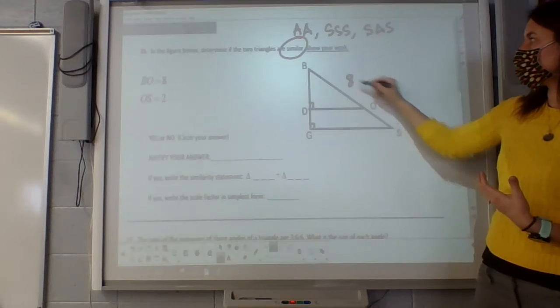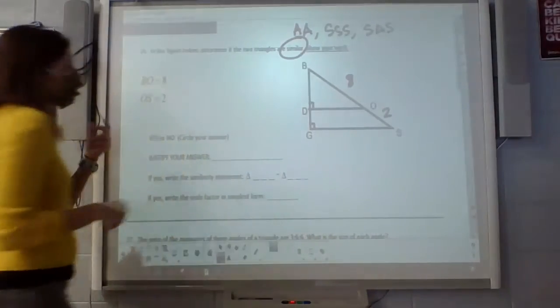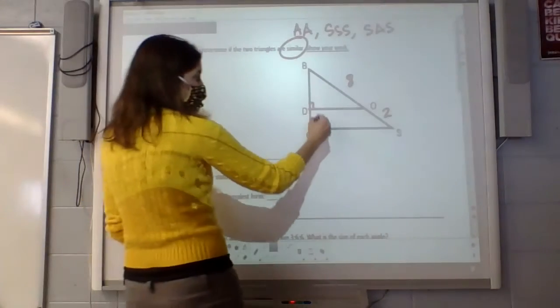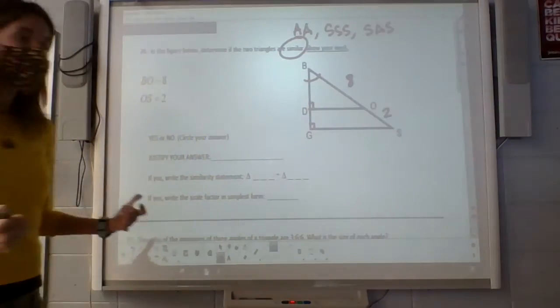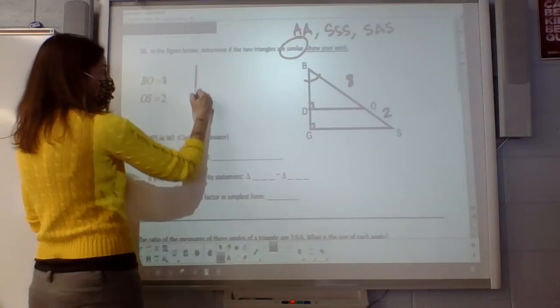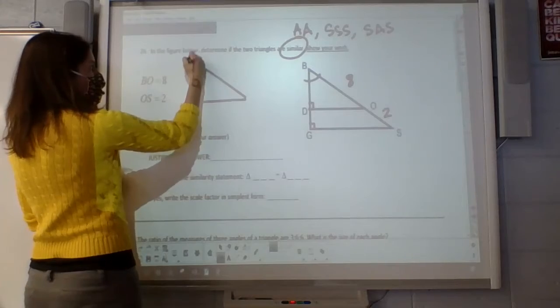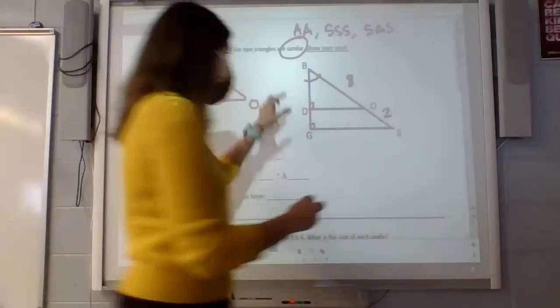They tell me this is 8 and this is 2. Now, I do have angle, angle in this case, because I have a set of angles here that are equal, and then a set of angles here that are equal. So the similar triangles are actually this top triangle, and then the big triangle.